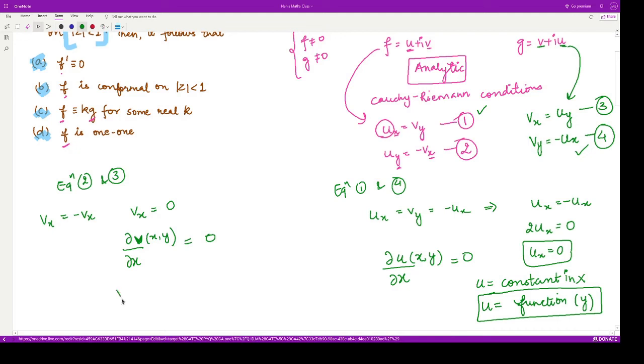So that means v should be a constant in x. If it is a constant in x, that means it should also be some function of y.